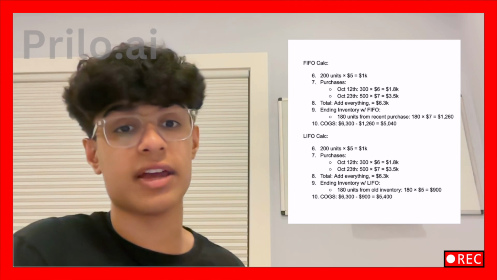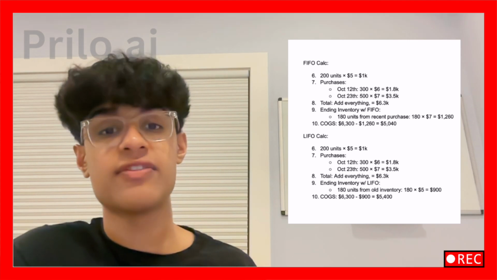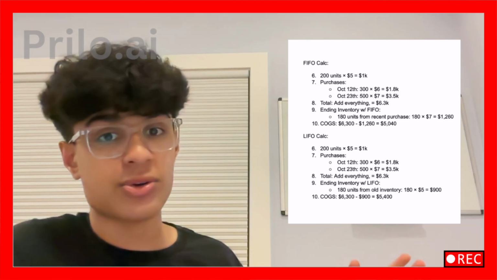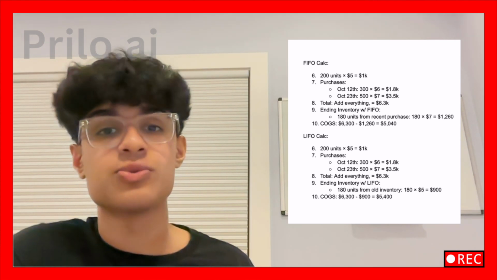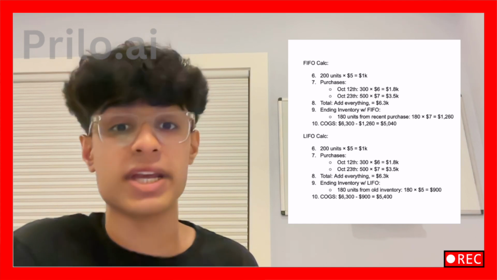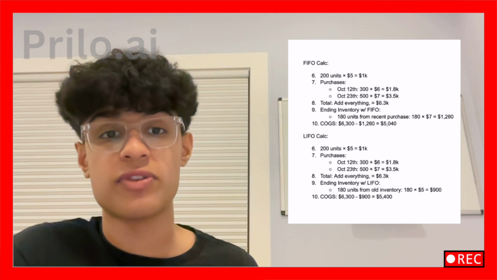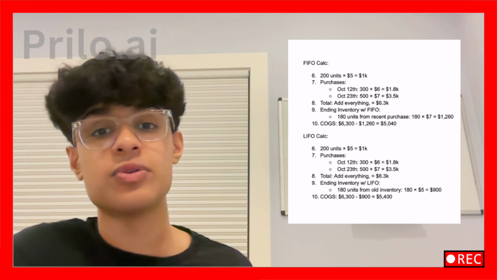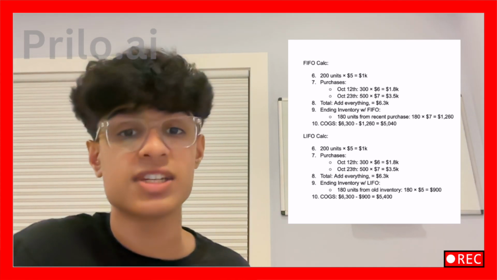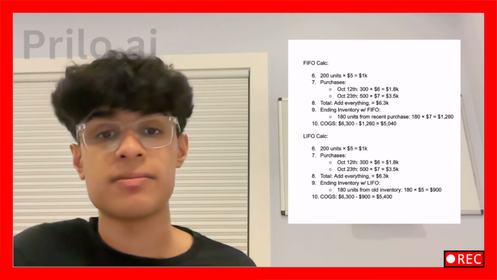both FIFO and LIFO. So for FIFO, we start with the beginning inventory of 200 units and we multiply that by $5, which is $1,000 for just beginning inventory starting on October 1st. Then there were purchases. We take October 1st with 300 units and multiply by the unit price of $6 and you get 1,800.